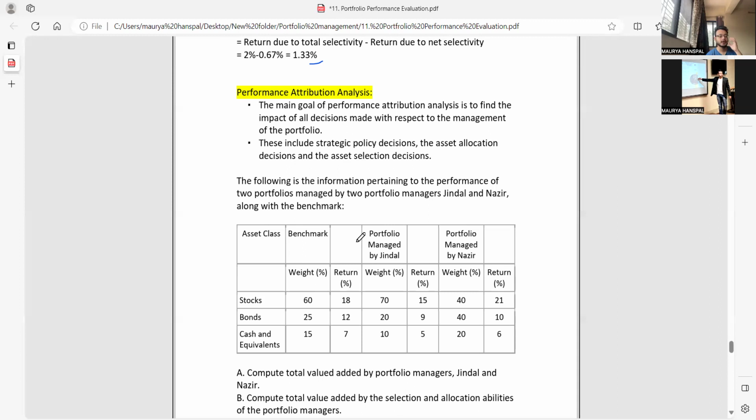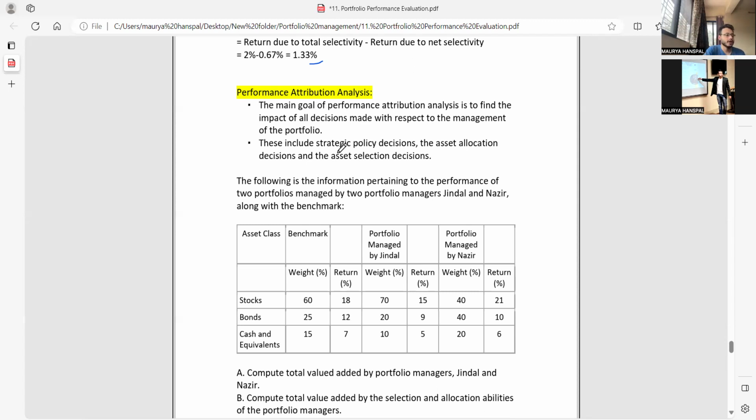So in real life, the sum of the asset allocation plus security selection plus some strategic decisions which the management has taken is your interaction effect. So that X component is always there: asset allocation plus security selection plus X. That X we need to understand, ideally, how the portfolio manager is implementing those strategies and returns.